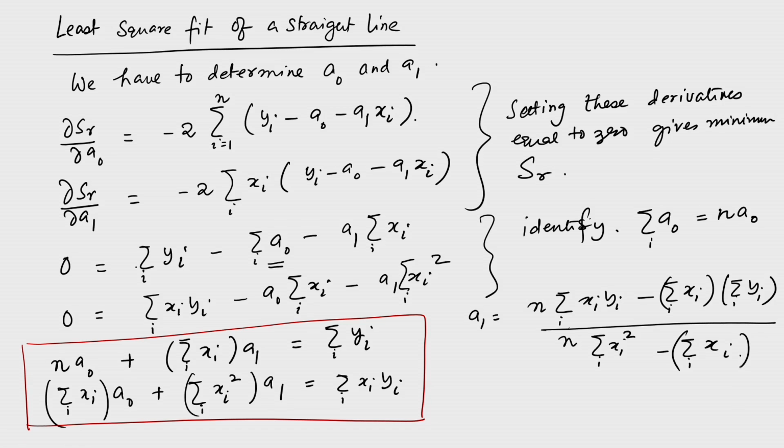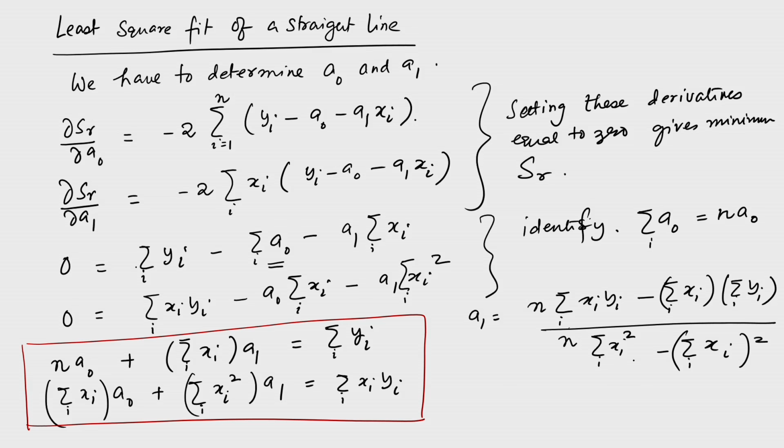So, please make sure that you do not get confused. This is a sum over i x i y i, so that is a product of each of the data points and then you sum over all the data points, the corresponding values, and then take a product. So, these two are not the same. In a similar way, this is the sum of the squares, and this is a square of the sum.